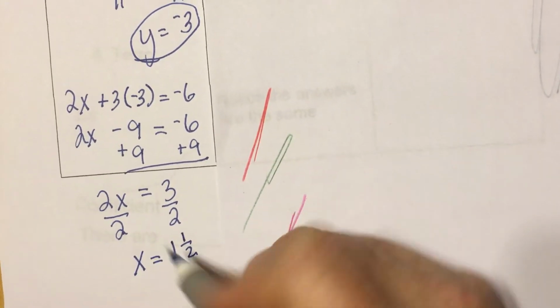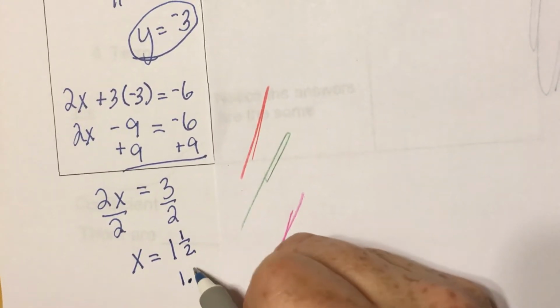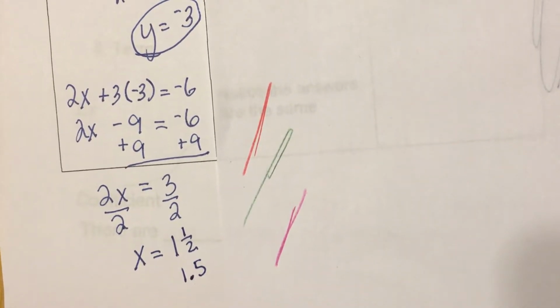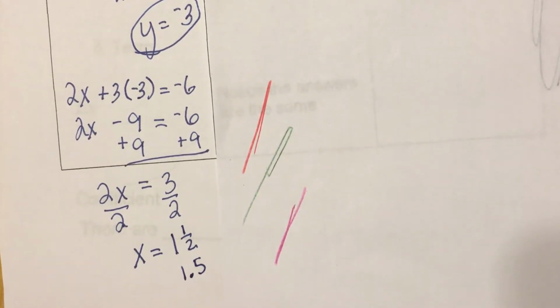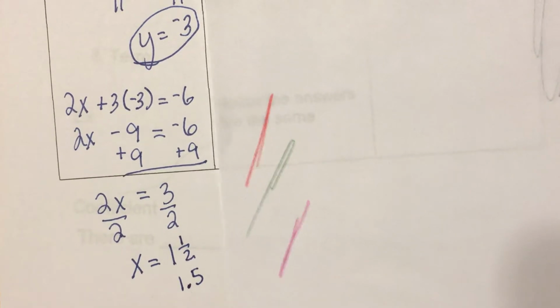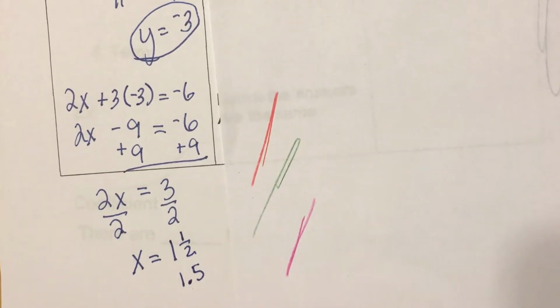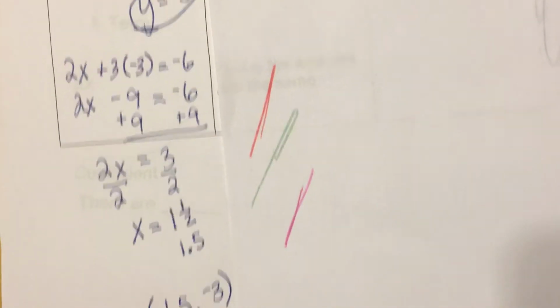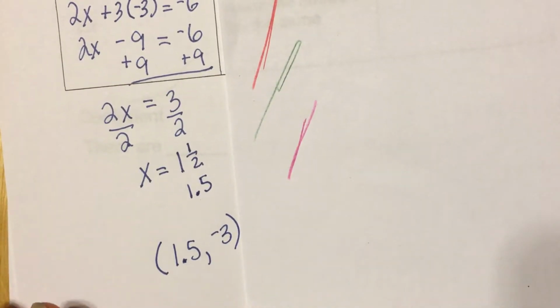And 1/2 is actually a nice terminating decimal like 1.5. Now I'm a stickler that if it doesn't come out to a terminating decimal, I'd rather you leave it in fraction form because then we're working with approximate instead of exact. Okay, so my final answer here is 1.5 comma negative 3. Do you see how I wrote it?